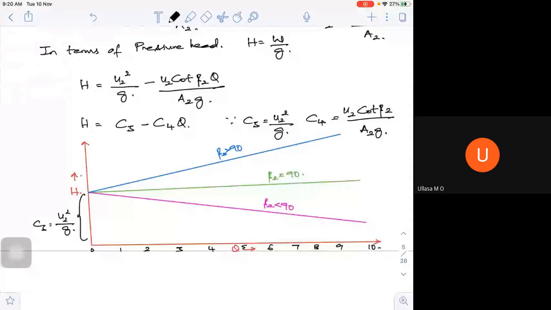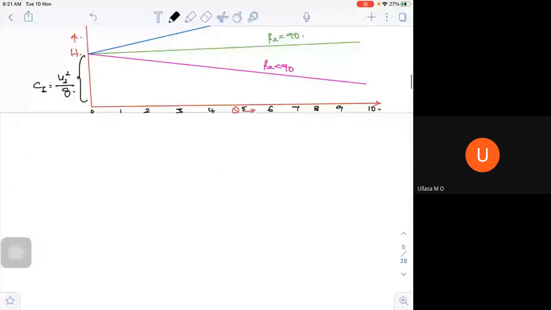Now, there is one more thing. I told you the effect of beta 2. The second thing is slip and slip factor. Slip I can call sigma or something, and the slip factor you can call maybe omega, whatever it may be.